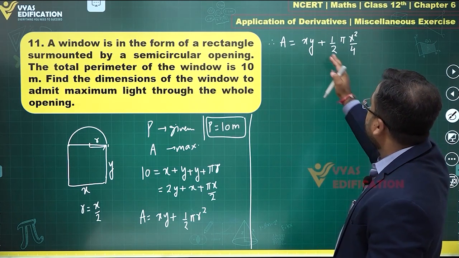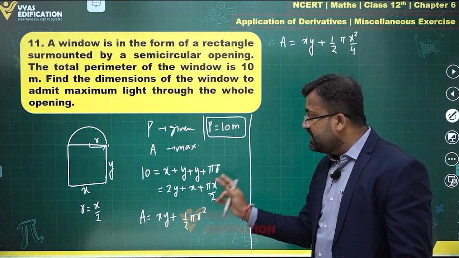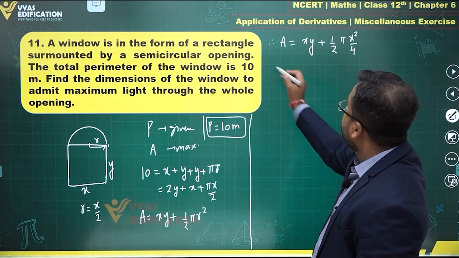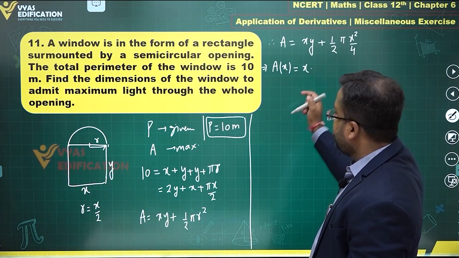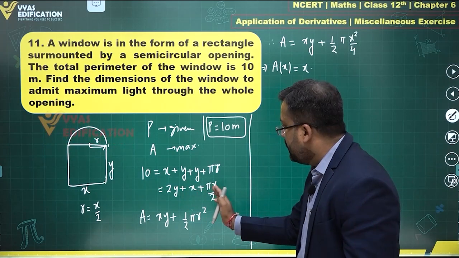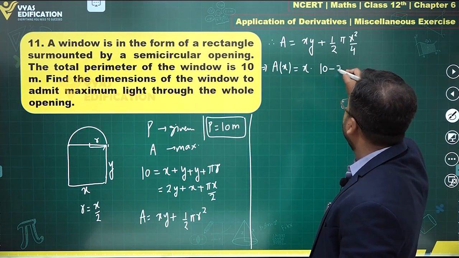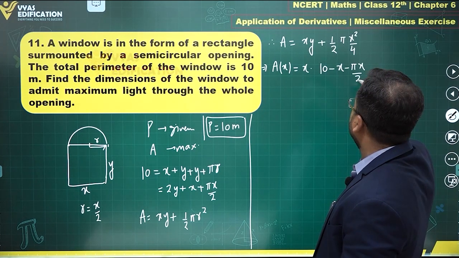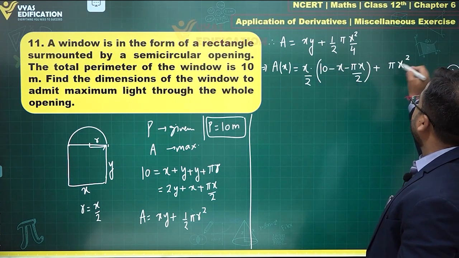Now you have two variables, x and y, involved in the area. You have to eliminate one of the variables using this 10. So x times y will be equal to 10 minus x minus pi x by 2, upon 2, whole divided by 2, plus pi x square by 8.